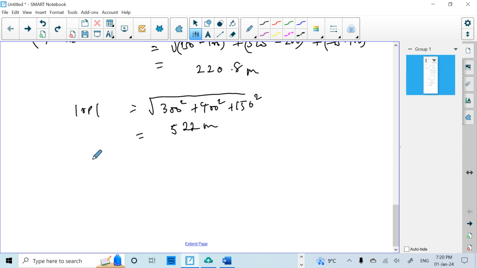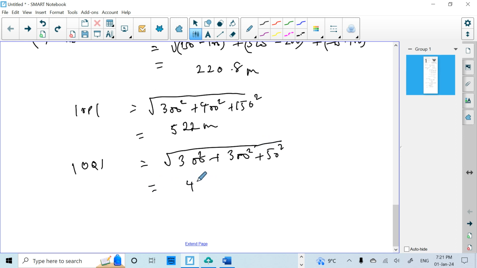So OP, what about OQ? OQ is equal to 300 squared plus 300 squared plus 50 squared plus 50 squared, and that gives me the value of 427.2.